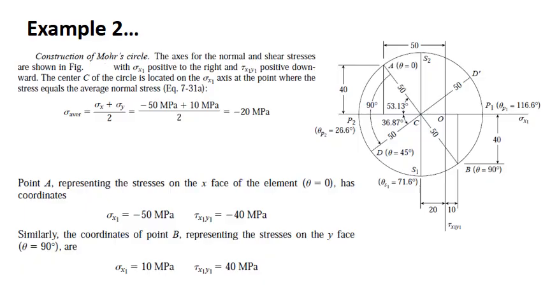So points P1 and P2 will give us the principal stress values, okay, as well as the theta direction. With point A as theta equal to 0, you measure the angle for P1 and P2. So P2 is actually 26.6 degrees and P1 is actually 116.6 degrees, okay.